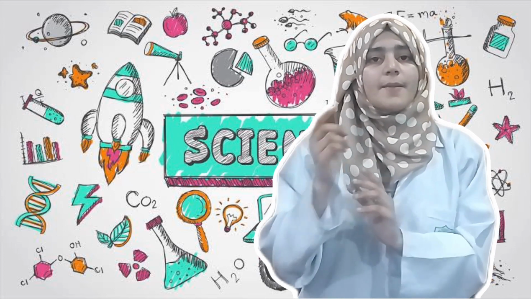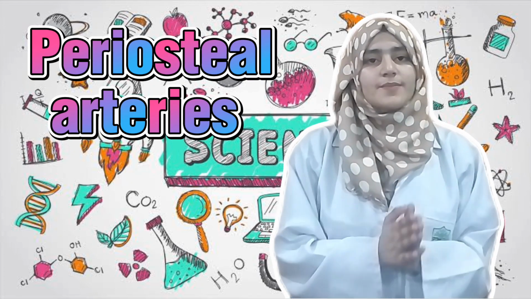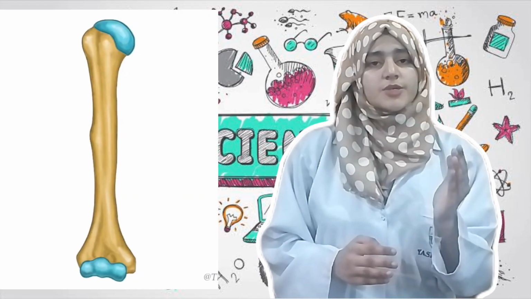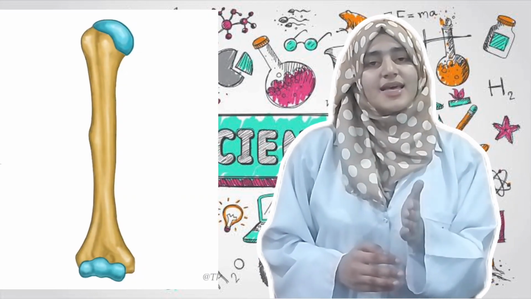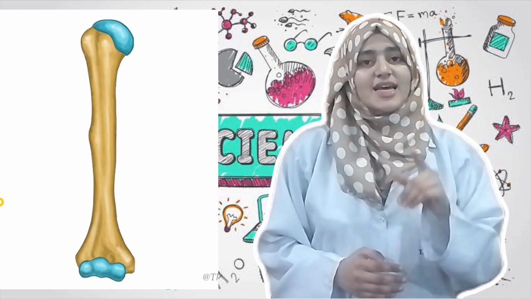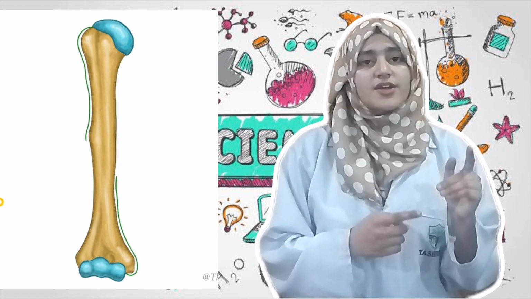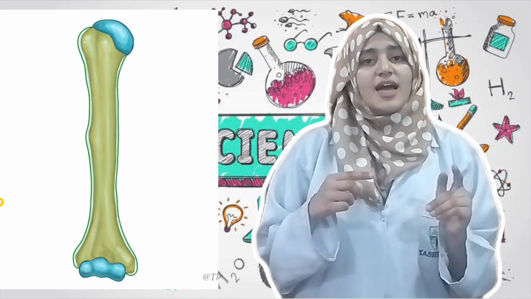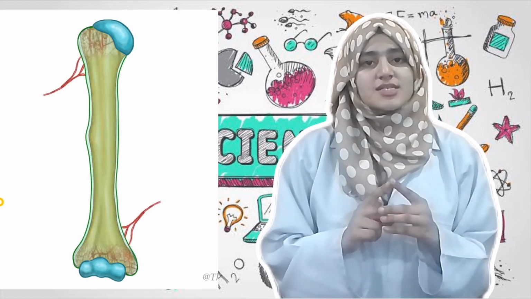The fourth network which provides blood to the bone is the periosteal arteries. Around the bone, the most upper protective layer is called the periosteum. In the periosteum, the periosteal arteries enter at the aponeurosis.